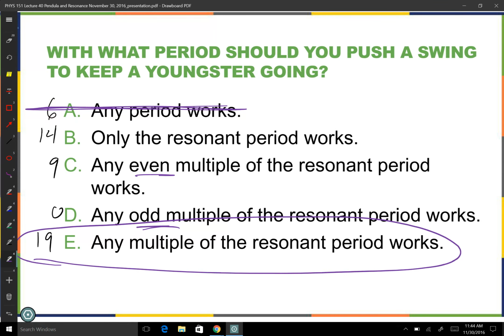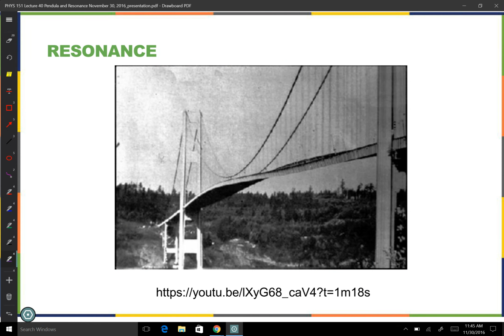Now let's look at a classic example. Now I have to give you the caveat, especially if you go online and look for physics, resonance, Tacoma Narrows Bridge, you'll find physicists who just get outraged that we use this as an example of resonance behavior, because it's a really complicated situation with the Tacoma Narrows Bridge.